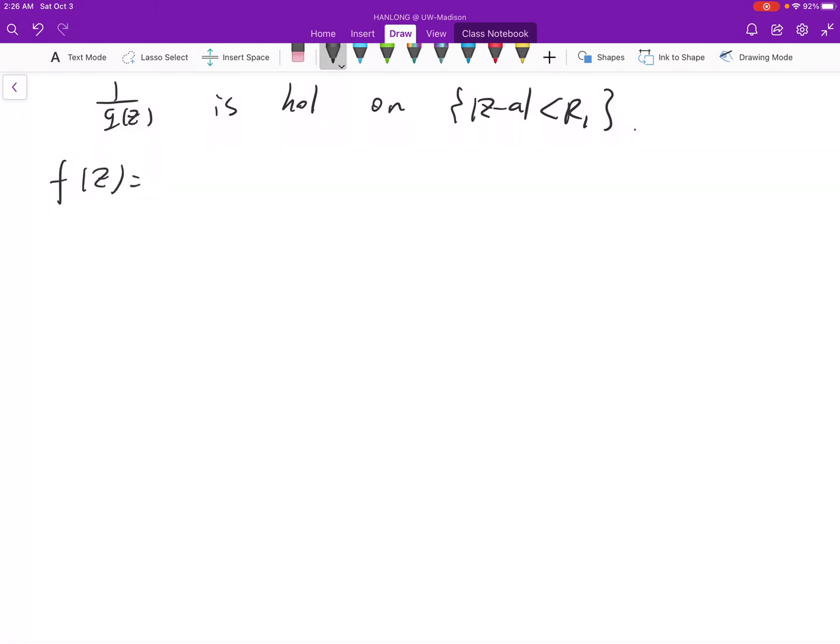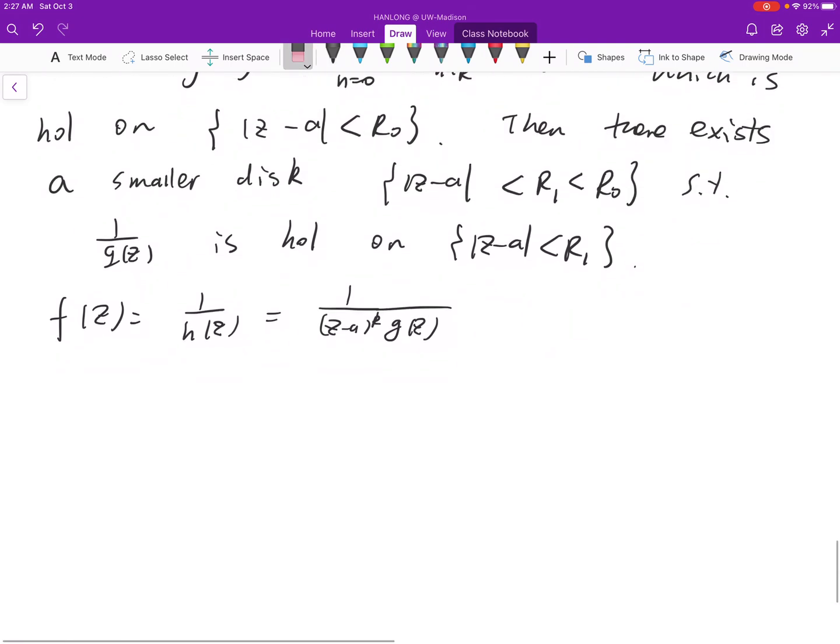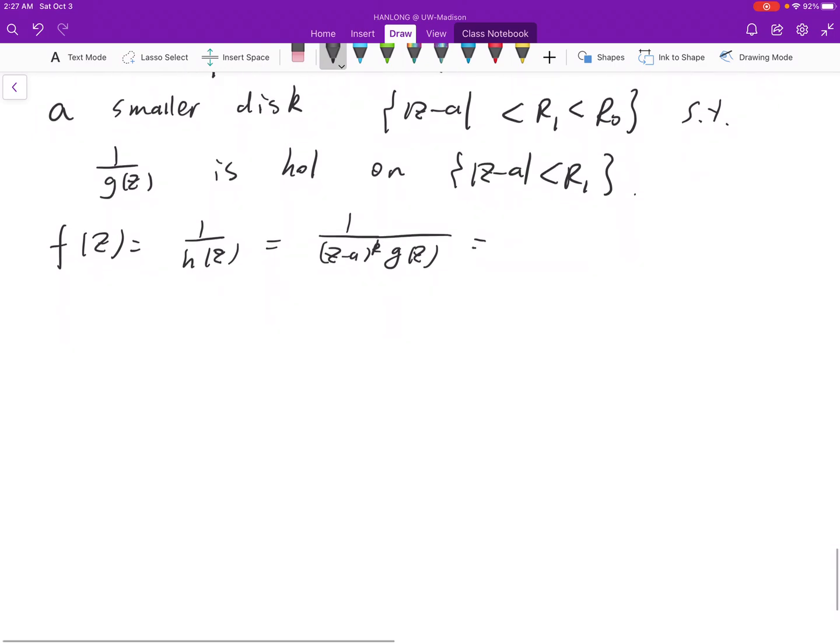Then f(z) equals 1 over h(z), which is 1 over (z minus a) to the k's power times g(z), equals 1 over (z minus a) to the k times 1 over g(z).